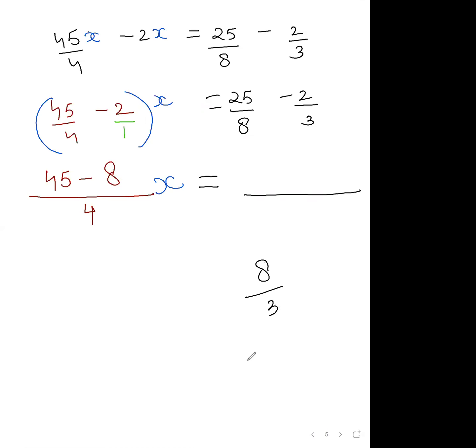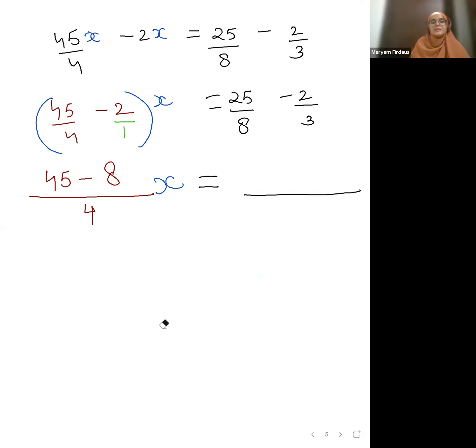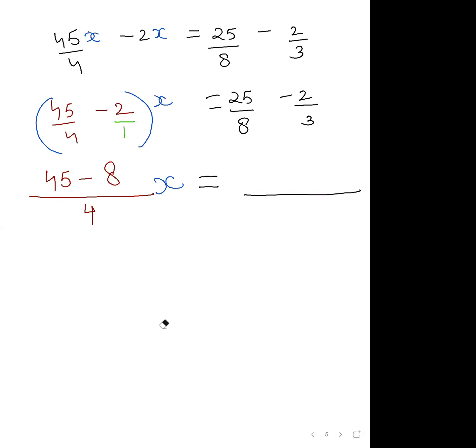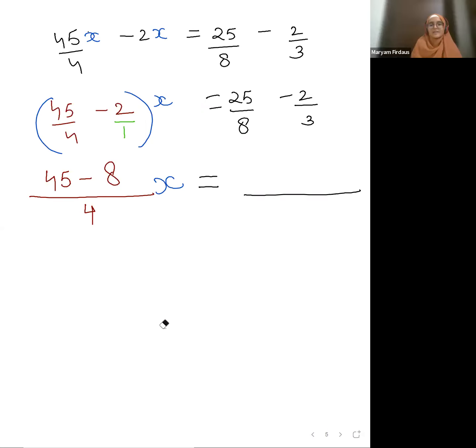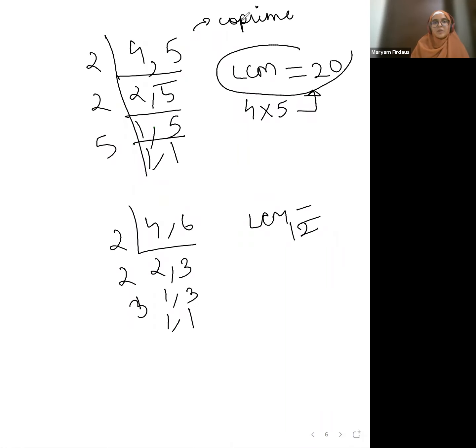No, right? Why can't you cancel? Because they don't have any factors in common. So they are co-prime numbers. If they are co-prime numbers, what you can do is just multiply them. If you want to find the LCM of co-prime numbers, you just multiply them.